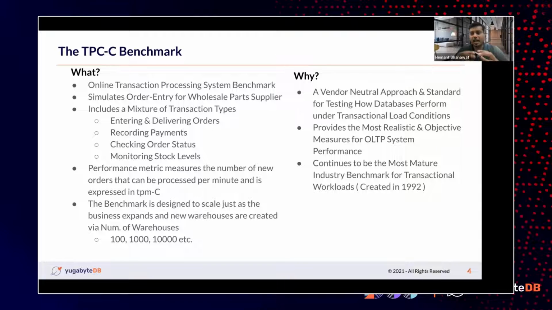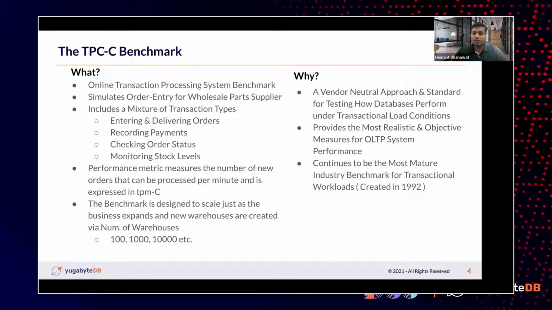All these types of transactions are happening in a very concurrent manner on a single database, and by various different operators. Each warehouse in TPC-C has 10 operators. These operators are doing these data entry operations. They might be doing any one of these transactions.